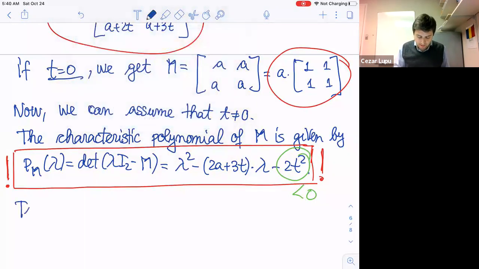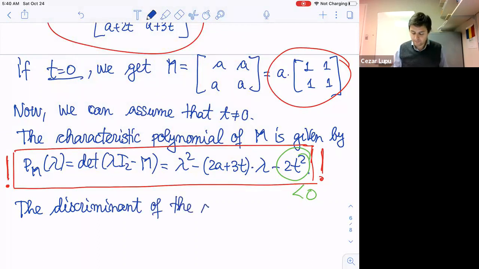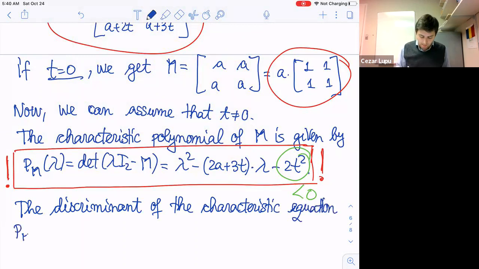So the discriminant of the characteristic equation P_M of lambda equals 0 is positive.